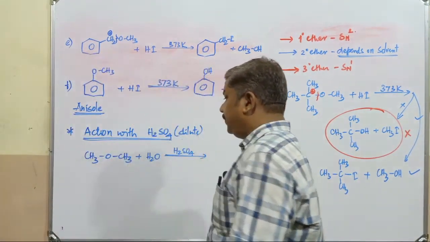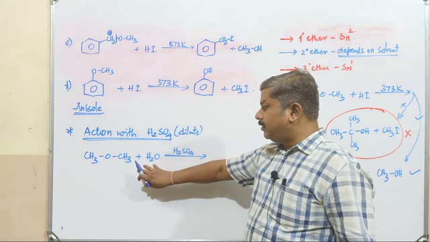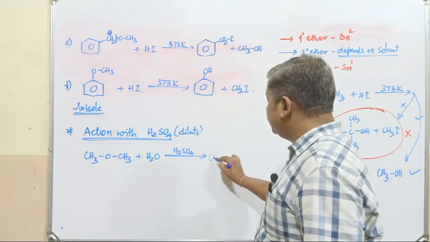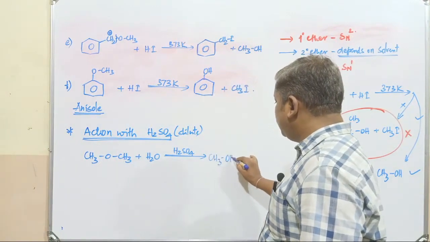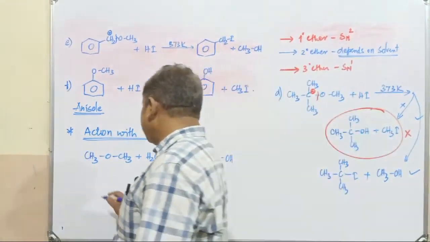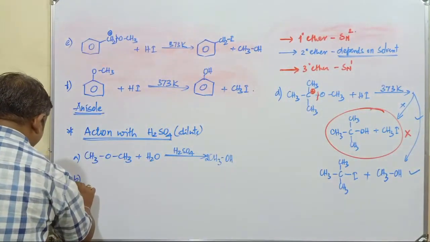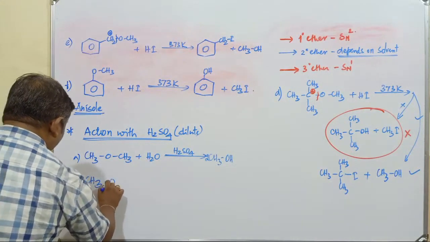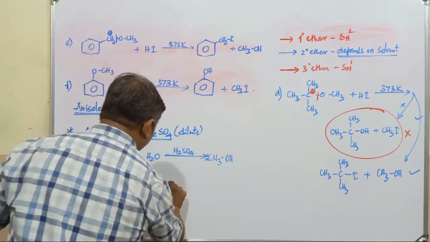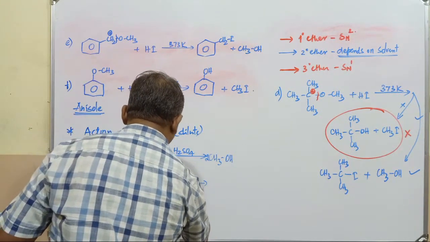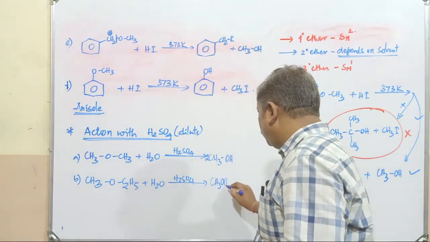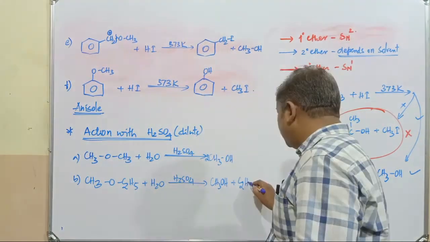What possibility is there? H2O gives H plus and OH minus. So H plus is added to this oxygen and CH3 is added to the other one. So the compound is CH3OH, and the other one is also CH3OH because the same type of alkyl group is present on both sides. If you carry out this reaction with two different alkyl groups using H2SO4, the product is going to be 1 mole of methyl alcohol plus 1 mole of ethyl alcohol.